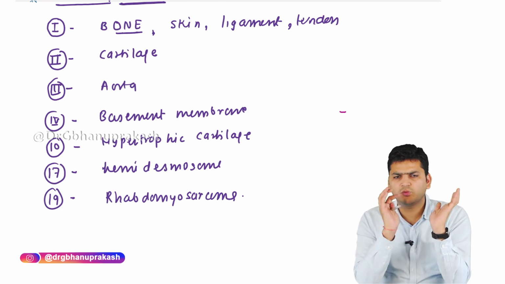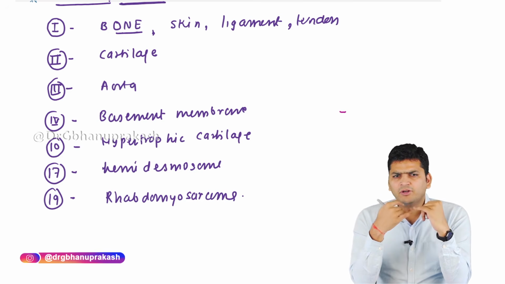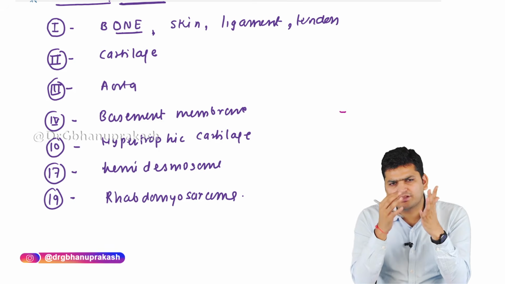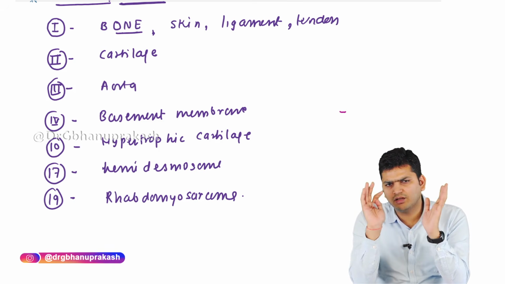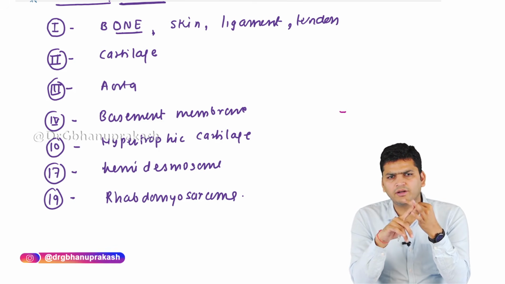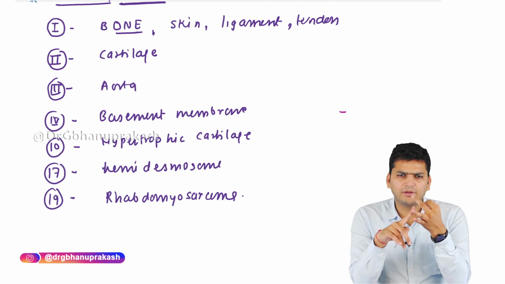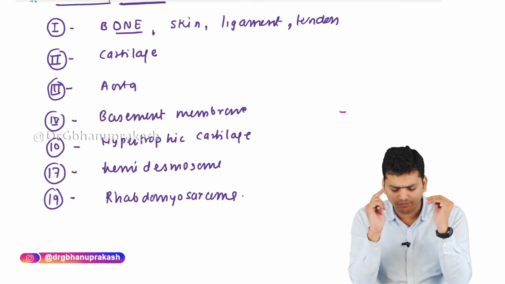So this is just a small list that we have made. Although the list is very long, we do not have to remember all the types, 5, 6, 7 and so on. The first 4 are the important ones. If you want to remember more, you can remember 10 in the hypertrophic cartilage, 17 in the hemidesmosome, and 19 associated with rhabdomyosarcoma. These are the points to be remembered.